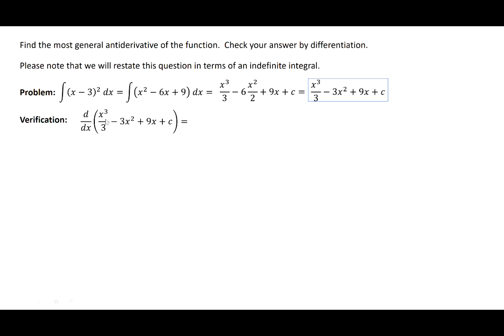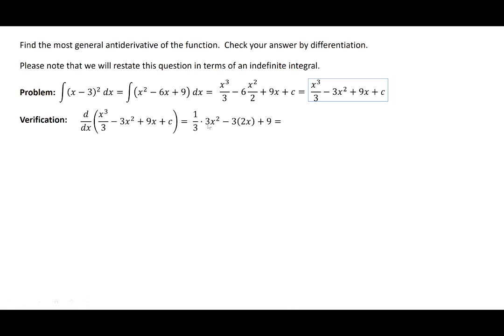What's the d dx of x cubed over 3 minus 3x squared plus 9x plus c? Derivative of x cubed, 3x squared, 1/3 times 3x squared, minus 3 times the derivative of x squared, which is 2x. The derivative of 9x is 9. The derivative of a constant is 0. There we go.